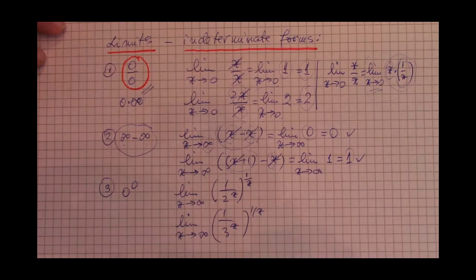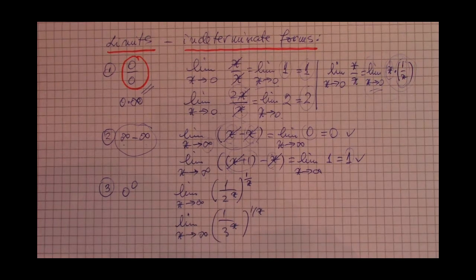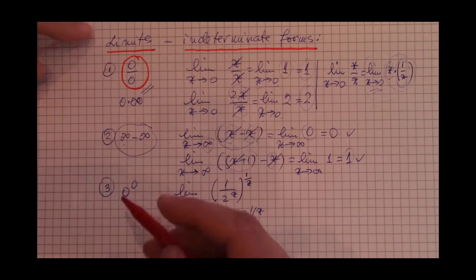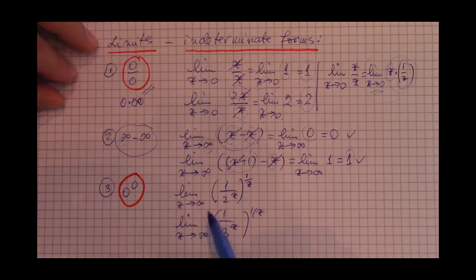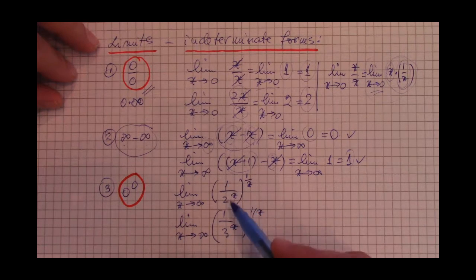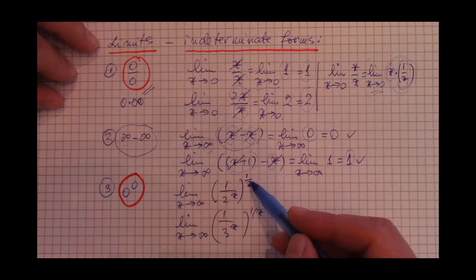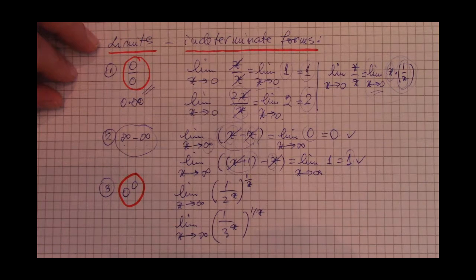Let's look at another situation that can cause us problems, which is something of the type 0 to the power of 0. In order to do so, let's look at this limit when x approaches infinity of 1 over 2 to the power of x, to the power of 1 over x.